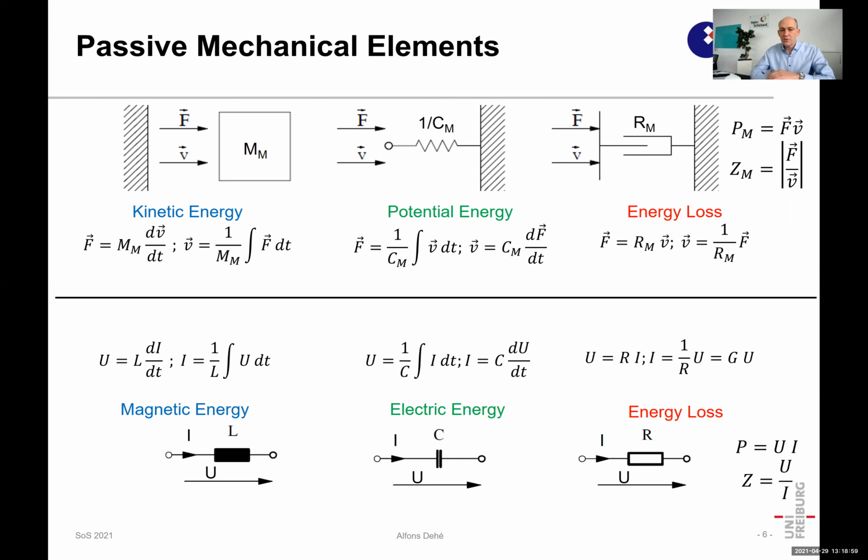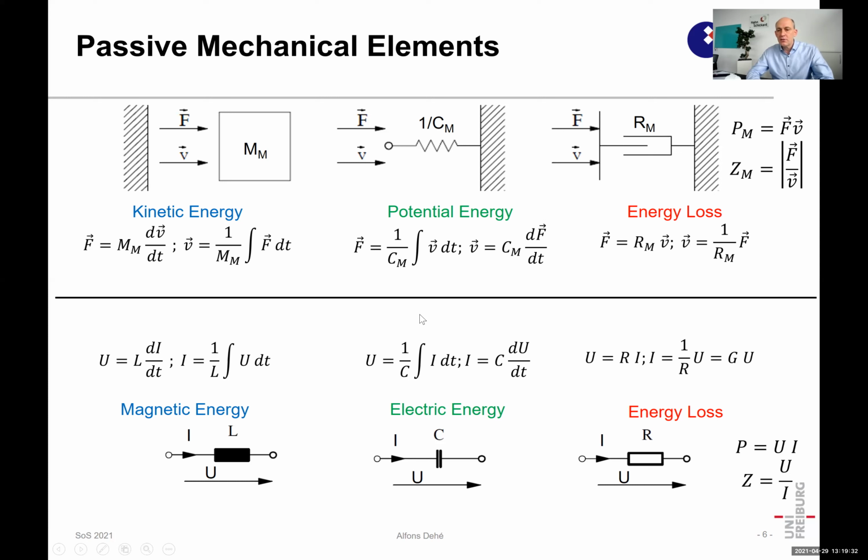equations, and we put similar equations on the electrical side for magnetic energy, electrical energy, and energy loss. And if we simply look at the formulation of the equation, force equals mass times the derivative of the velocity over time, and we compare this with the voltage across a magnetic coil, with the inductance somehow related to a mass, and instead of velocity, we are looking at current flow and the change of current over time.